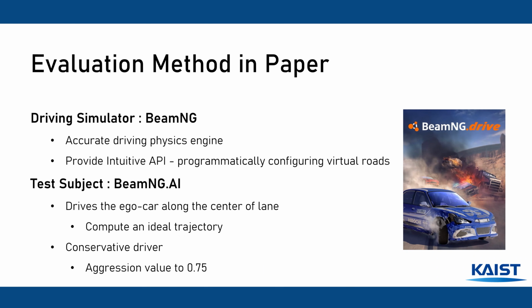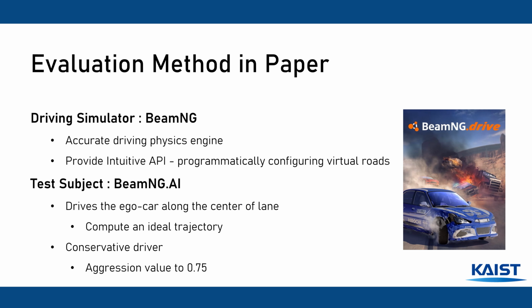To evaluate the actual algorithm introduced within the paper, the authors used the driving simulator named BeamNG. This simulator is an accurate driving physics engine, and it provides an intuitive API which enables programmatically configuring virtual roads.